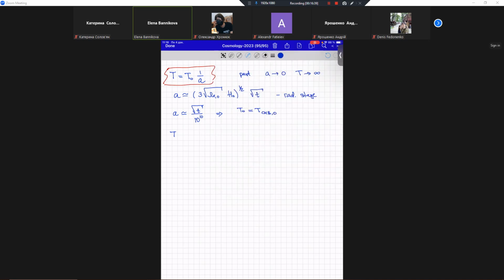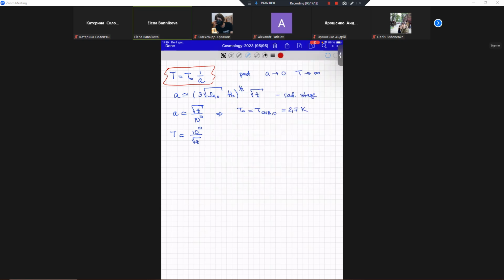This temperature is 2.7 Kelvin now. Approximately, we can write that T is about 10 to the tenth divided by the square root of t.